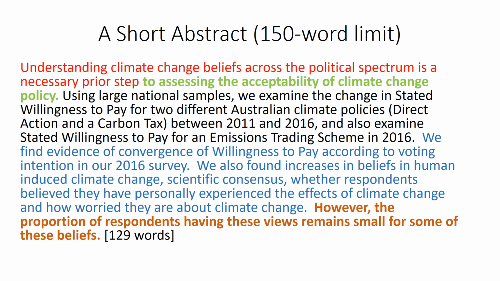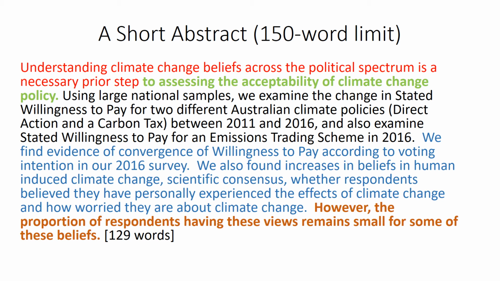The first sentence is a bit of red and green. It's both context and need. Understanding climate change beliefs across the political spectrum is a necessary prior step to assessing the acceptability of climate change policy. So it tells us about the context, but it also tells us about the need. Then there's a sentence in black on the method, using large national samples and so on.